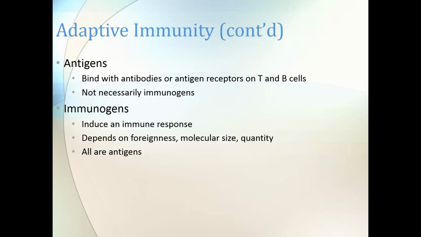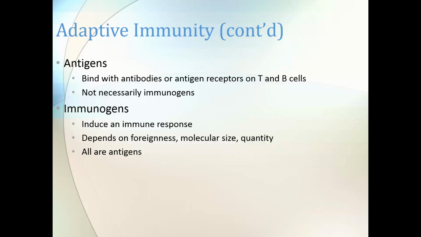So they have to actually induce an immune response to be immunogens. So they're all antigens. Both antigens and immunogens are antigens. But not all antigens adequately induce an immune response, so therefore those specific ones can't be called immunogens. I hope that makes sense to you.